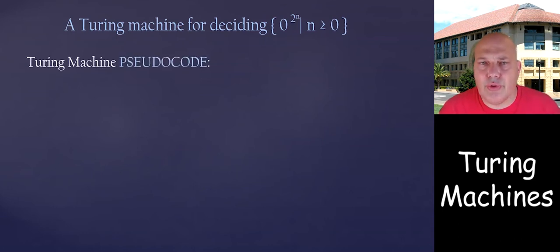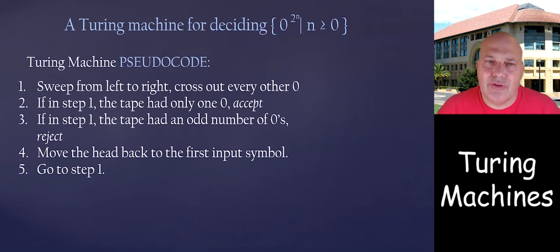Here is the pseudocode. Pseudocode says sweep from left to right and cross out every other zero. If you encounter a single zero, you're going to accept, because a single zero is really in the language.